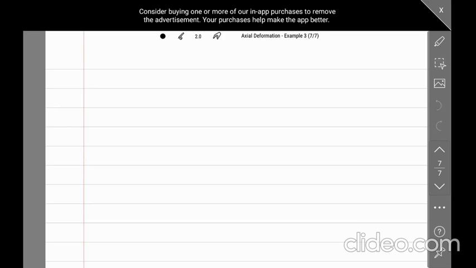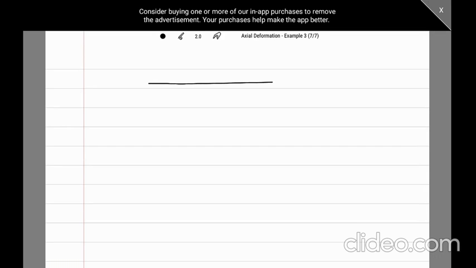So let's sketch what happened to the bar after the deformation. So the rod 1 is elongated by 9 mm, upward at point A, and post 2 is contracted by 7 mm downward. If we sketch this, it will give you something like this.